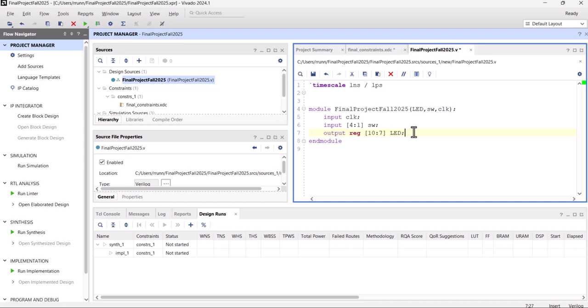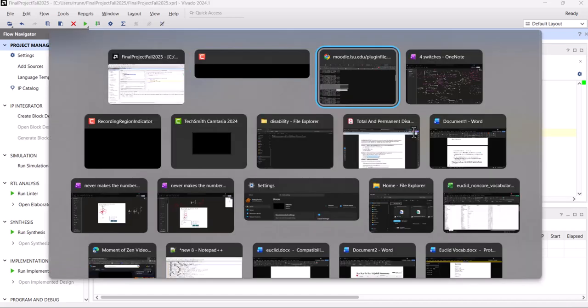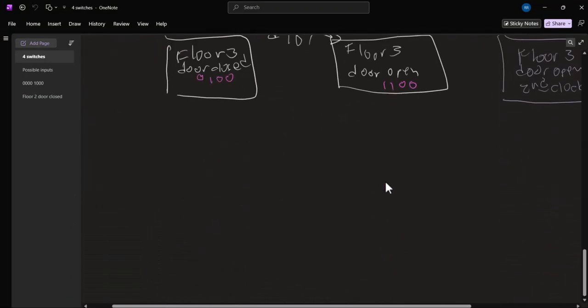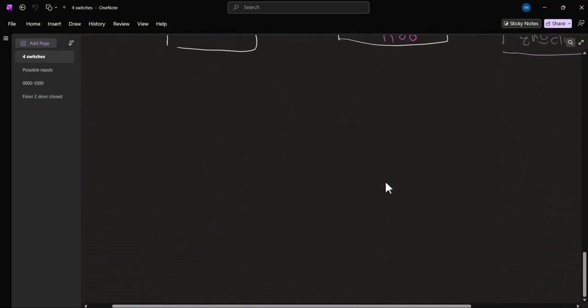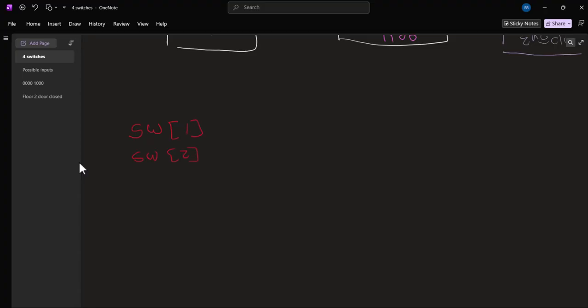Okay, so what this is telling us is that our variable switch has positions: switch 1, switch 2, switch 3, and switch 4. When this is 1, it means floor 1 has been called.